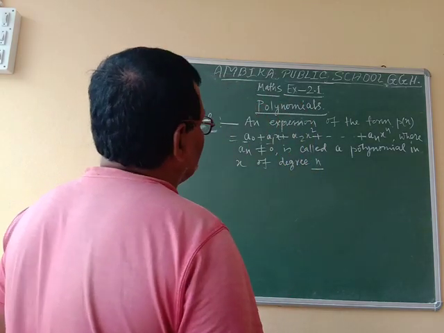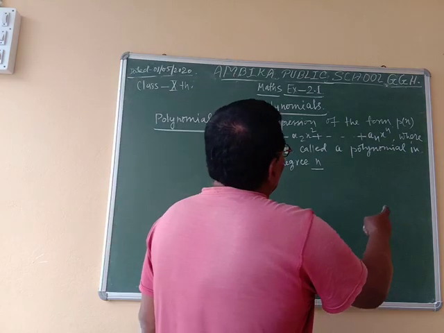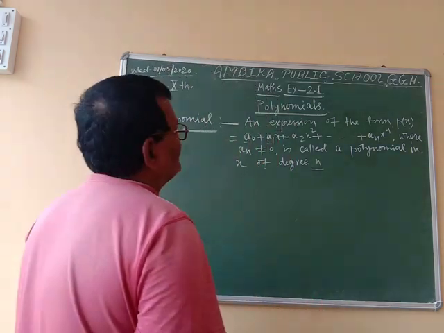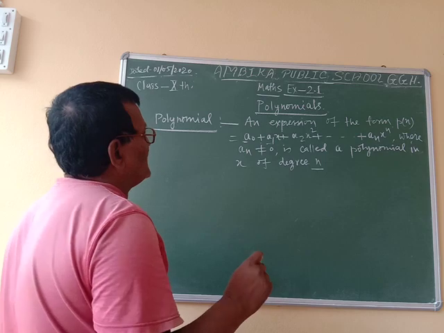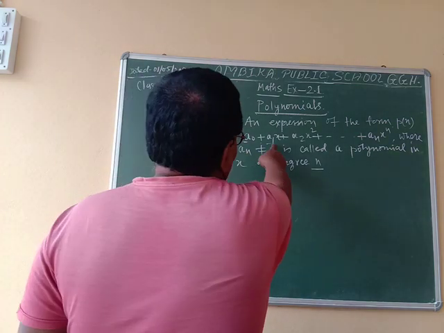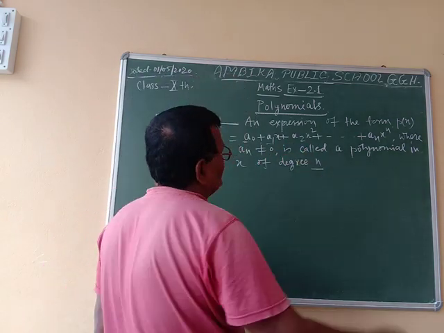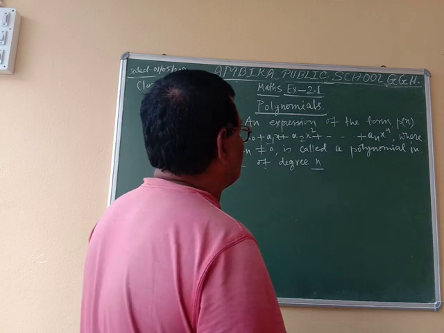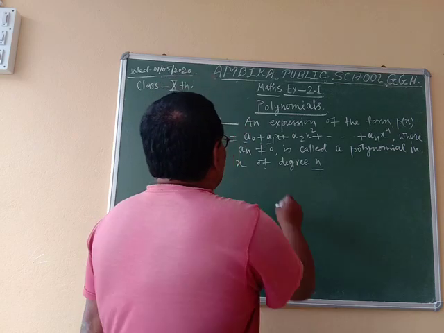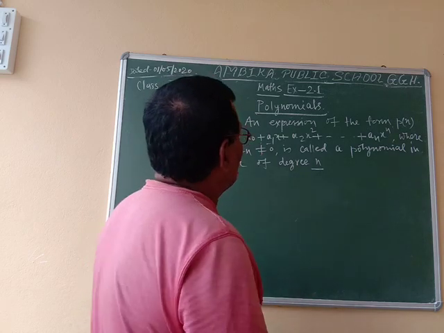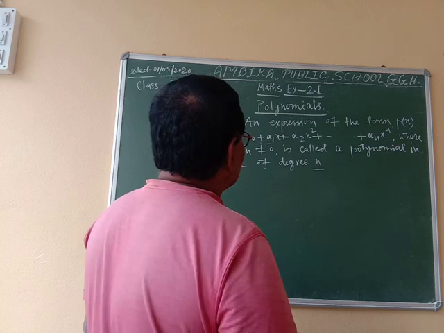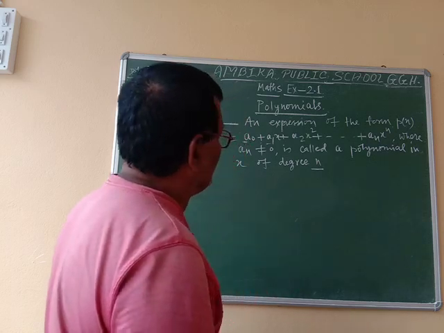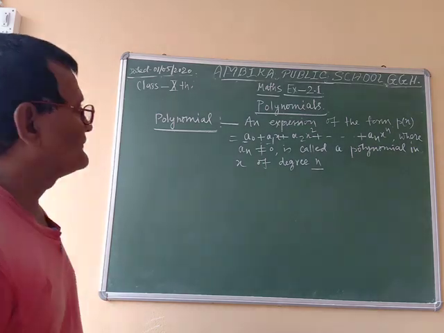An expression of the form P(x) = a0 + a1x + a2x² + ... + an xⁿ, where an is not equal to 0, is called a polynomial in x of degree n.